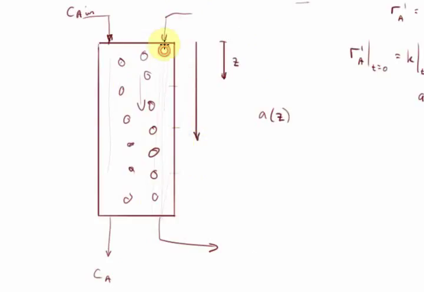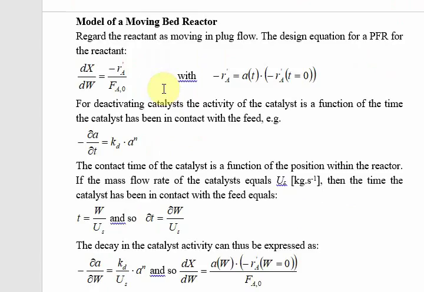So we could characterize the distance down this tube in terms of the weight of the catalyst. In other words, that's the cumulative mass of catalyst up to a certain point. So counting from here to some other position, there's a certain mass of catalyst.